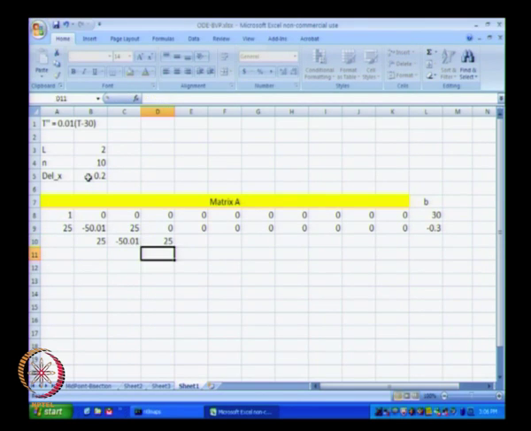What we had is T double dash was 1 by delta x squared multiplied by T2, minus 2 by delta x squared multiplied by T3, plus 1 by delta x squared multiplied by T4. Then when we took this minus 0.01 T onto the left hand side, we got the middle coefficient as minus 2 by delta x squared minus 0.01. Rest everything else is 0.